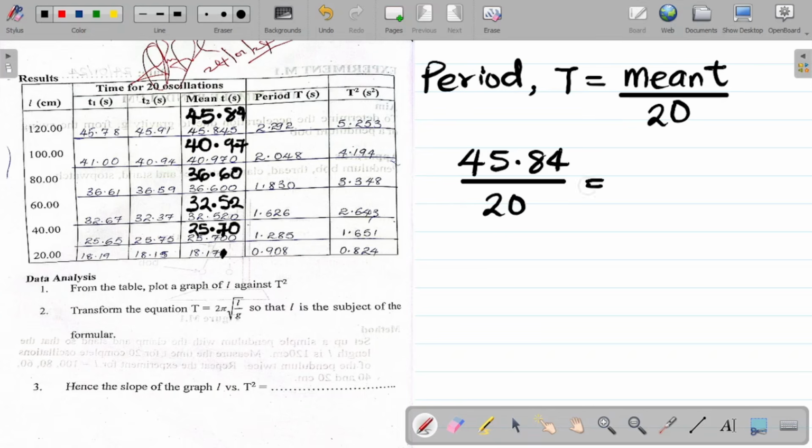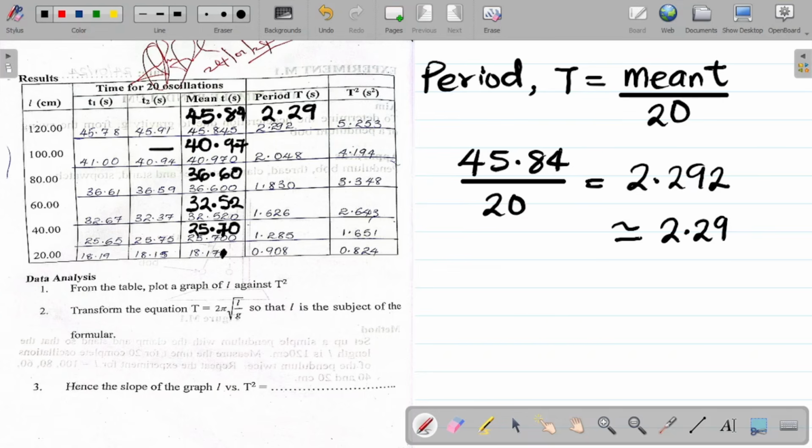If I punch my calculator, 45.84 over 20 is about 2.292. But don't forget that we have to approximate to two decimal places. That becomes 2.29 as your solution.